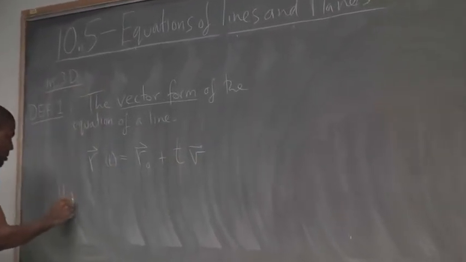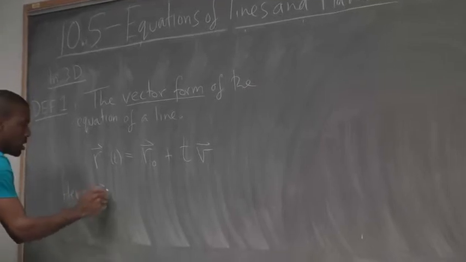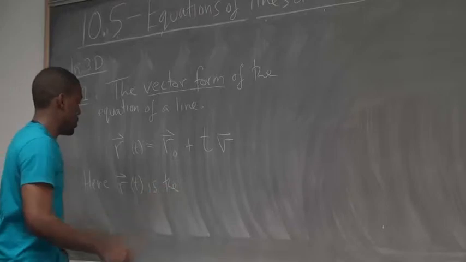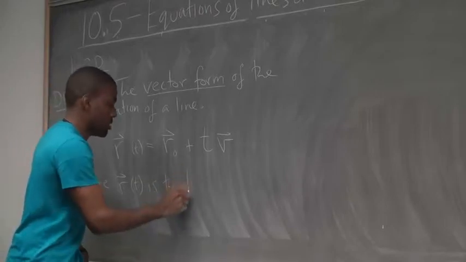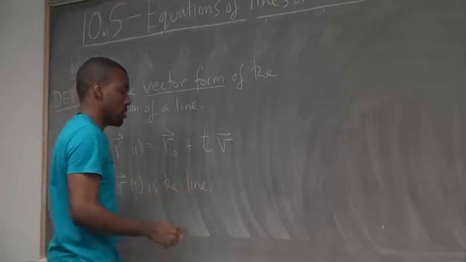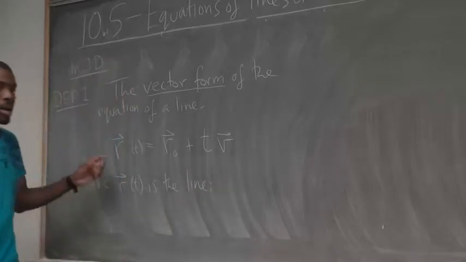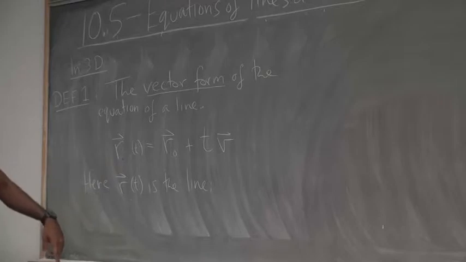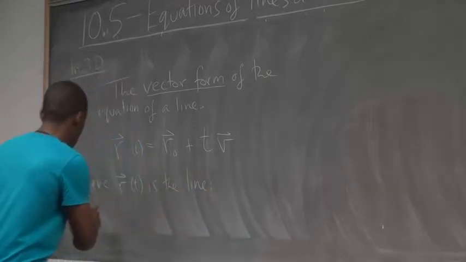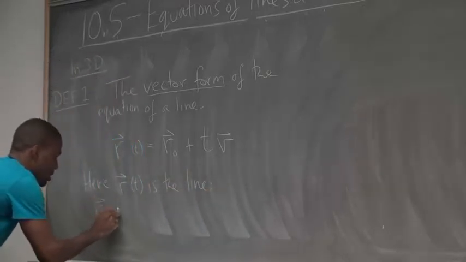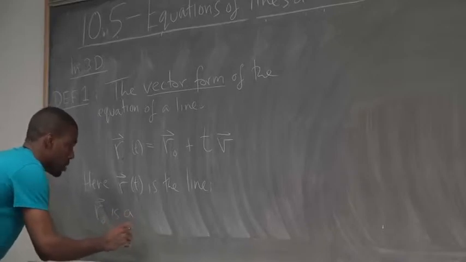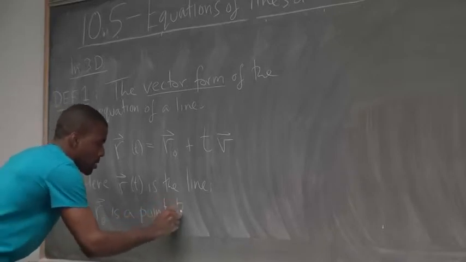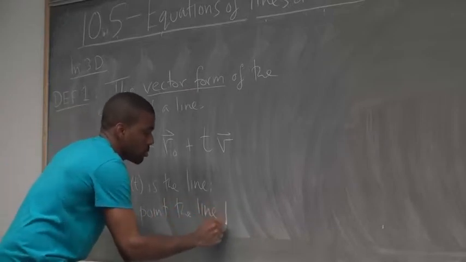Here, R of t is the line. It's sort of like your y; your y of x is now R of t. It's called a vector form. R0 is a point the line passes through.